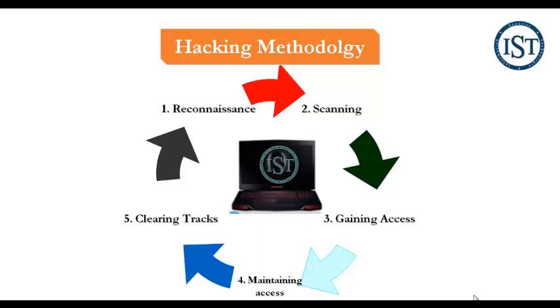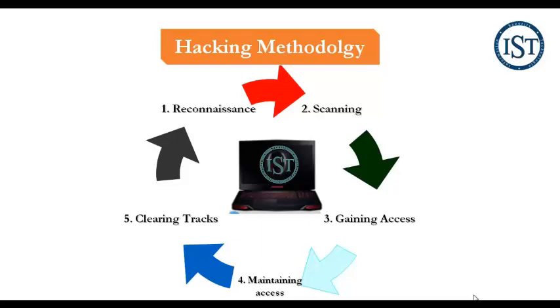Reconnaissance is the first step in which we'll try to gather all the possible information about the target that we are going to attack. And this reconnaissance is a passive information gathering technique, because the attacker will not directly touch or scan the target. He will try to gather the information right from publicly available resources like the internet.